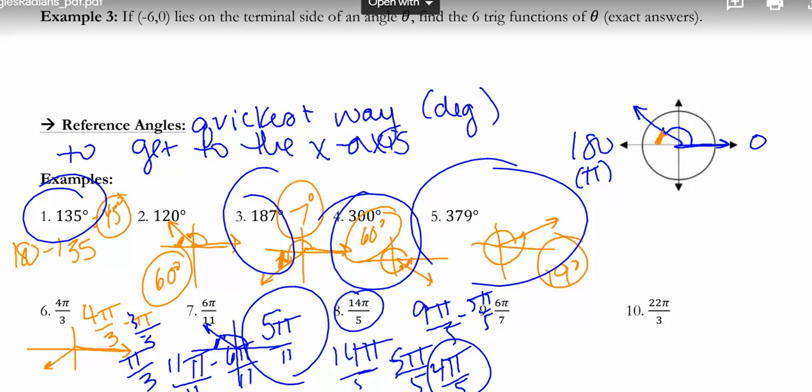Well, it's a good thing I still can't do math because I have to subtract another pi. So that's going to be negative pi over 5.